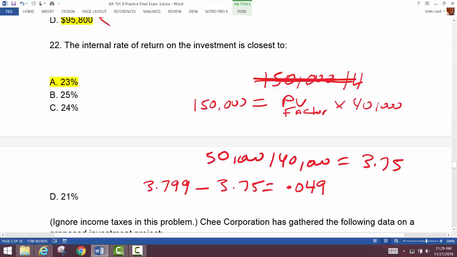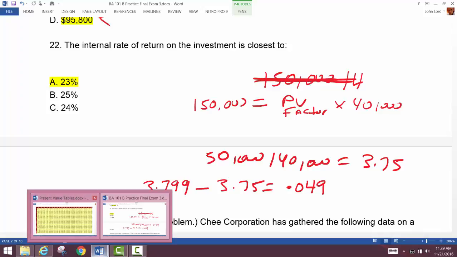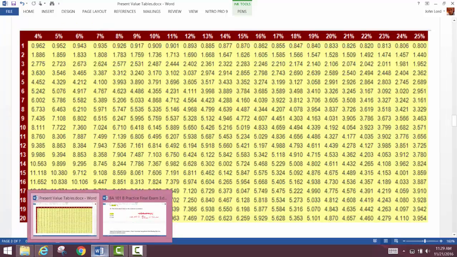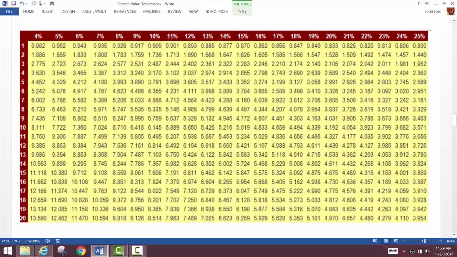Okay, good. And then the other factor, which was at 24%, right? Because it was in between those two numbers, 3.799 and 3.682, right? Those are the two numbers I was in between.